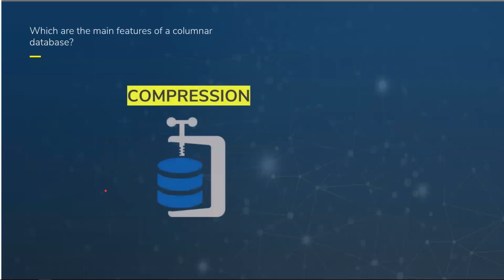The third feature is compression. There are some opportunities for storage size optimizations available in column-oriented data that are not available in row-oriented data. Columnar compression achieves a reduction in disk space at the expense of efficiency of retrieval.